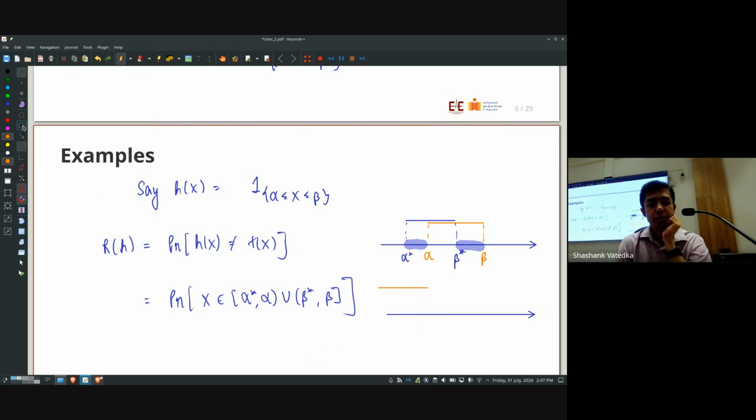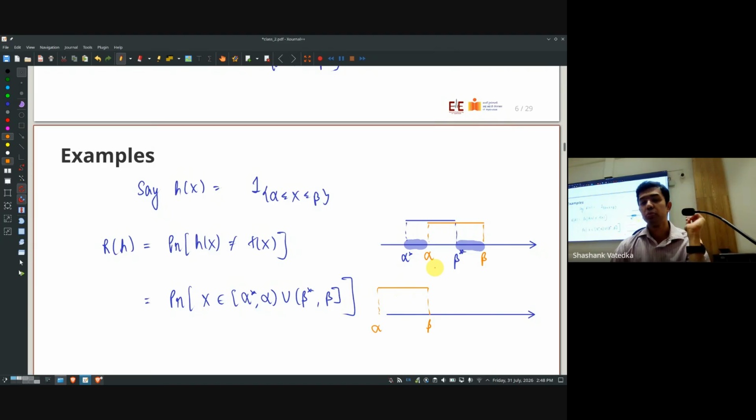Right? In which case you make an error if, so let's say this is my alpha and this is my beta. I make an error if I'm between alpha and alpha star, or beta and beta star. It could also be the case that they don't overlap at all, or it could be the case that one is a subset of the other.